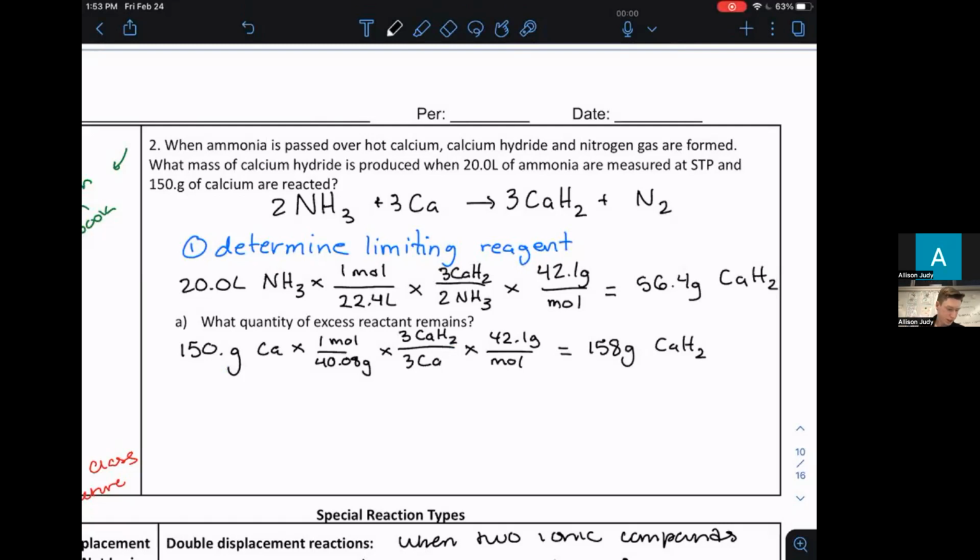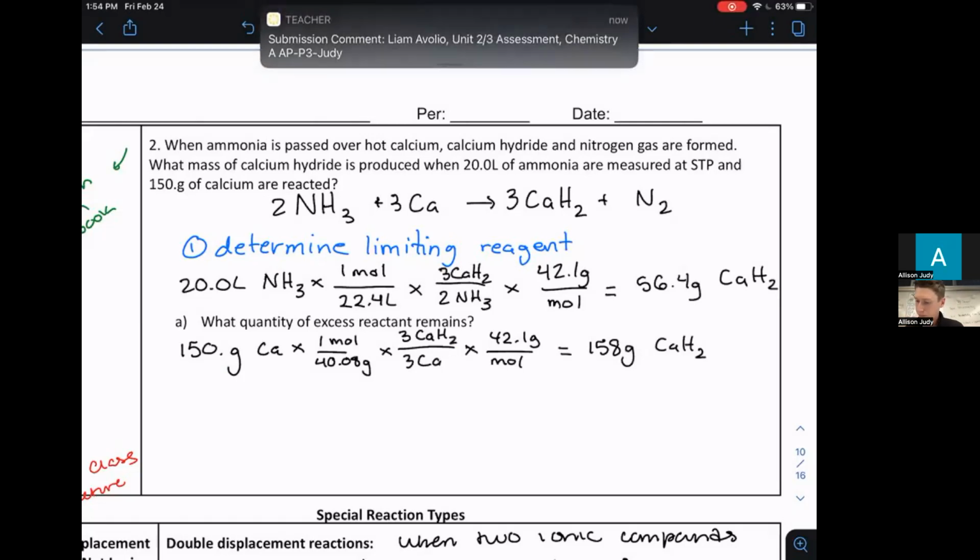So then it's going to ask us, this is the more complicated part, what quantity of excess reactant remains? Whenever it's asking you about excess reactant or to do something with the reactants, we're going to have to work backwards from the products. In this case, we know that we're only going to produce 56.4 grams of calcium hydride.